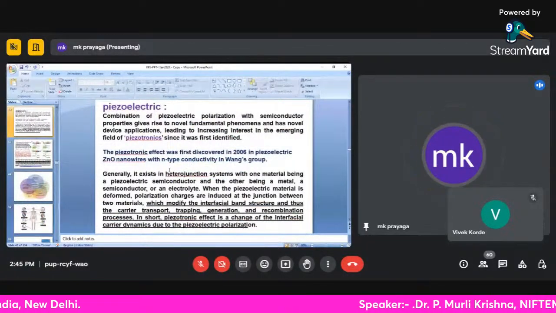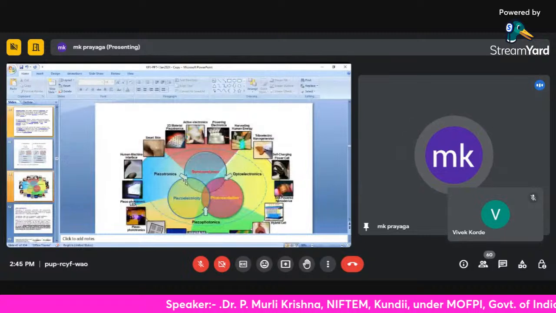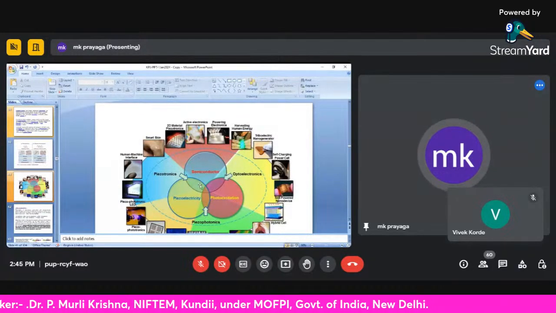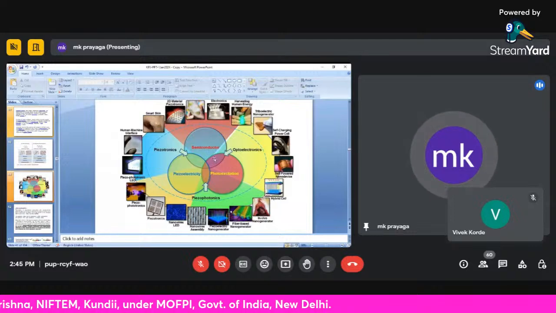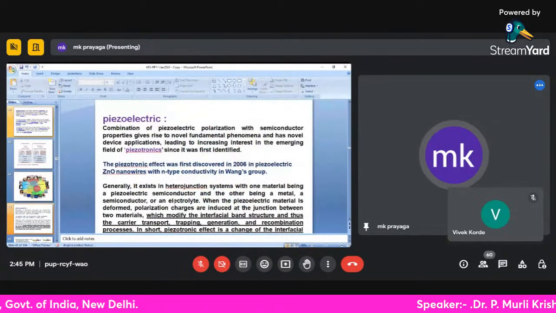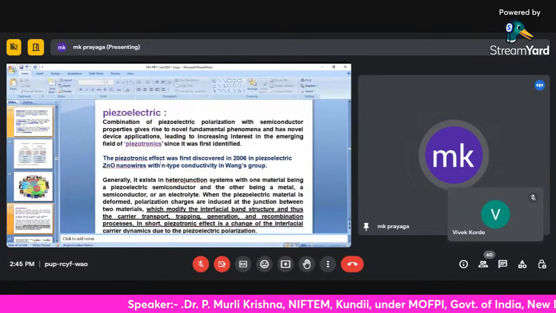And of course, piezotronics. Here I told you piezotronics means we can combine semiconductor with piezoelectric. This piezotronics was developed in 2006 by the Wang group, where you can combine the semiconductor structure with a piezoelectric material.